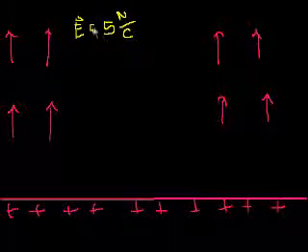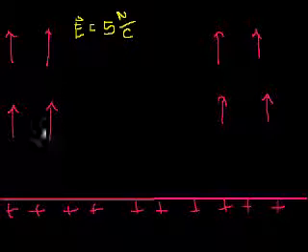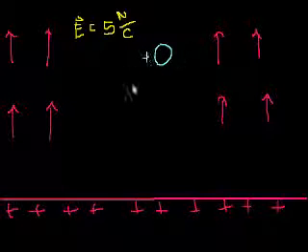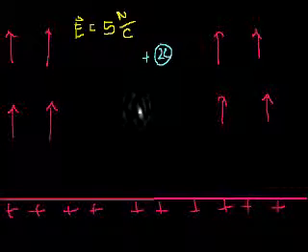So my question to you is, how much work does it take to take a positive point charge? Let's say this is the starting position. It's a positive, I don't know, 2 coulombs. Once again, that's a massive point charge, but we want easy numbers.